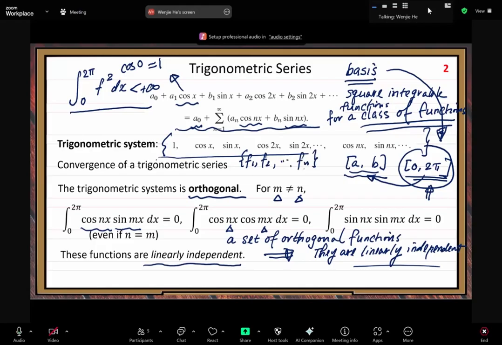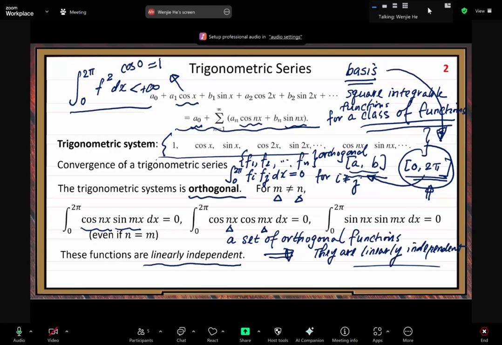Orthogonal means here, for simplicity, I just use one period, the integral of fi times fj dx equals 0 for i not equal to j, right? That's the orthogonality definition. All right. Now, let me show you they must be independent.